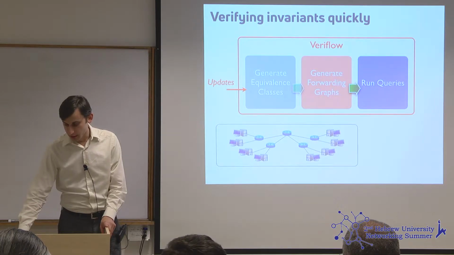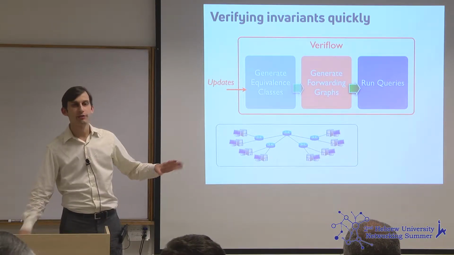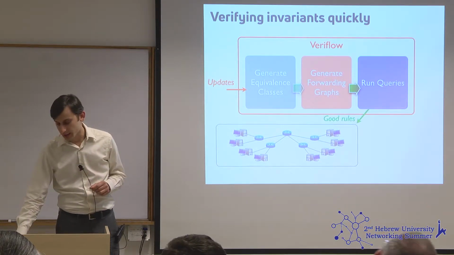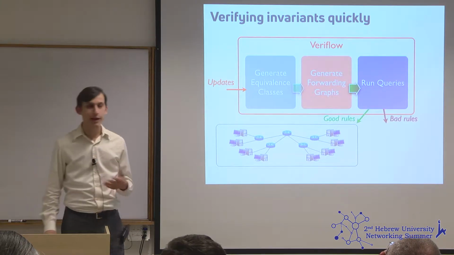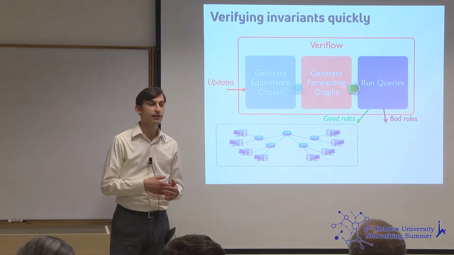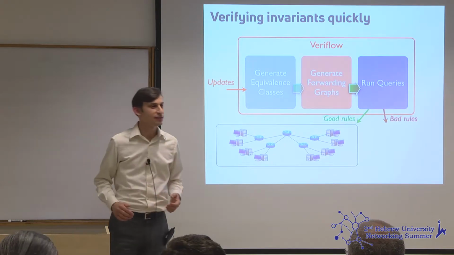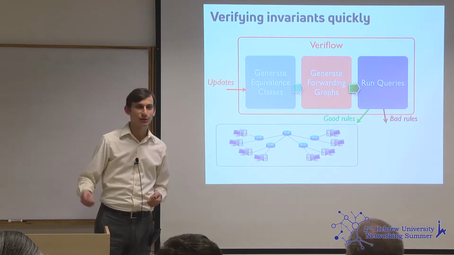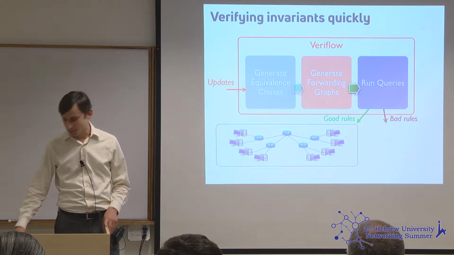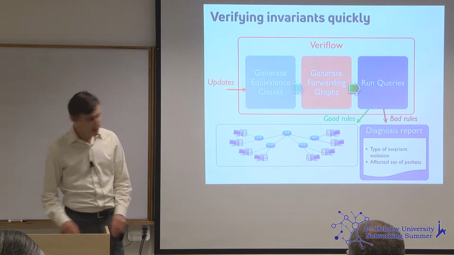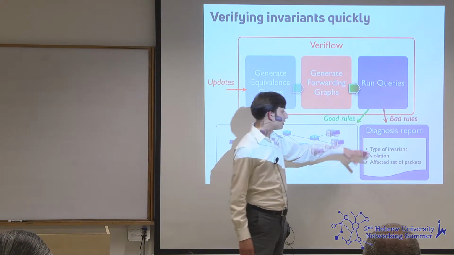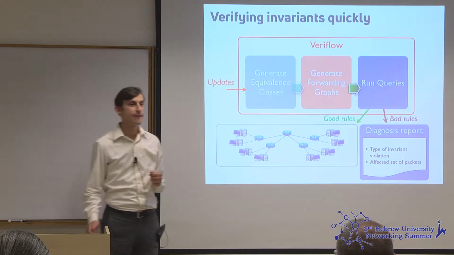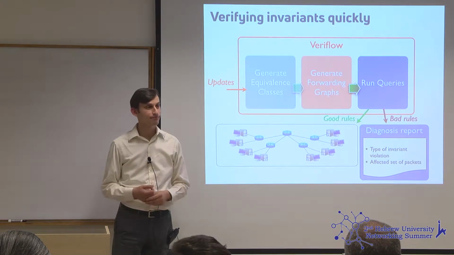So you run queries, and in the case of using VeriFlow inserted in the SDN context, you would run those queries and generate either good rules or say, no, that rule violated some property of interest, like it's going to allow data to leak out to the outside world that should be secure, for example, or it's going to disconnect the controller from communicating with the switches. There's all sorts of bad things you could do that you wouldn't want to happen. And then you could actually block the rule from ever entering the network at that point. Right? So the network would never get into a bad state.